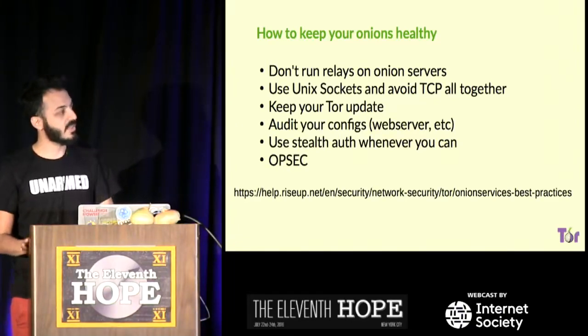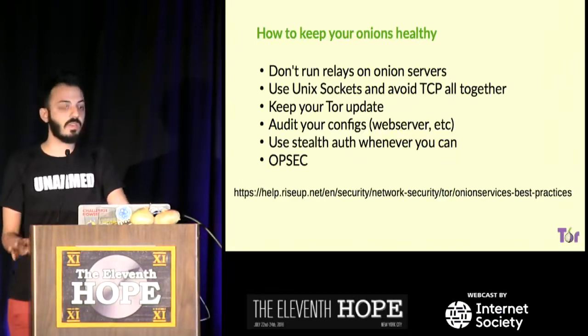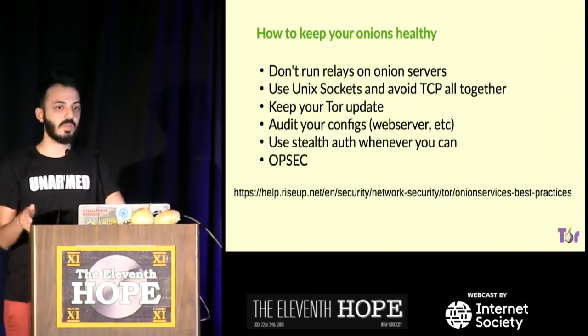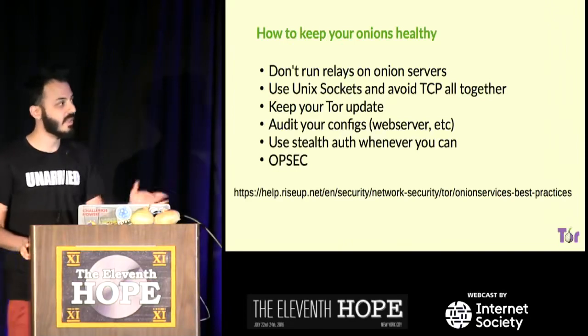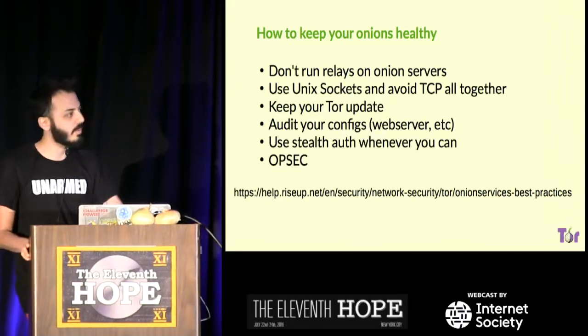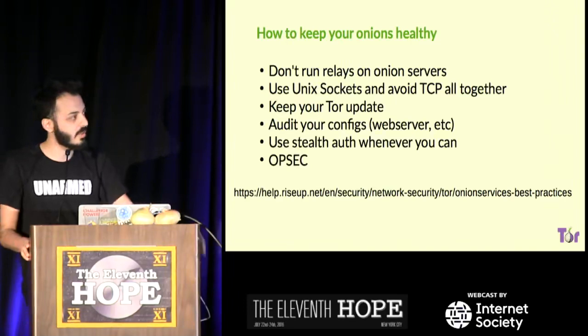Use stealth authentication whenever you can, because that way, even if you leak your Onion address, they can't connect to it, they need the key, and also because you can recycle those things pretty quickly. All it takes is basically commenting one line in your Tor-rc file and restarting your Tor client.